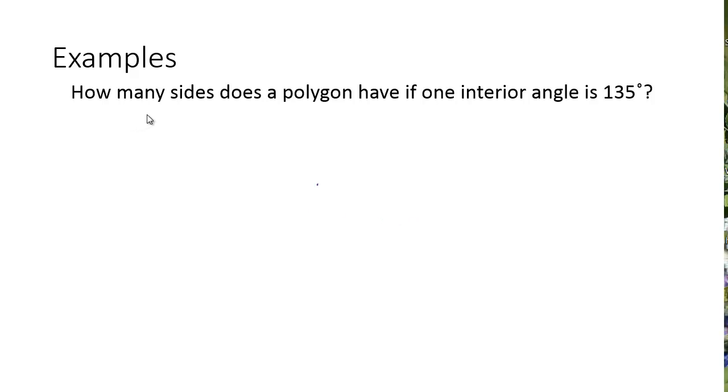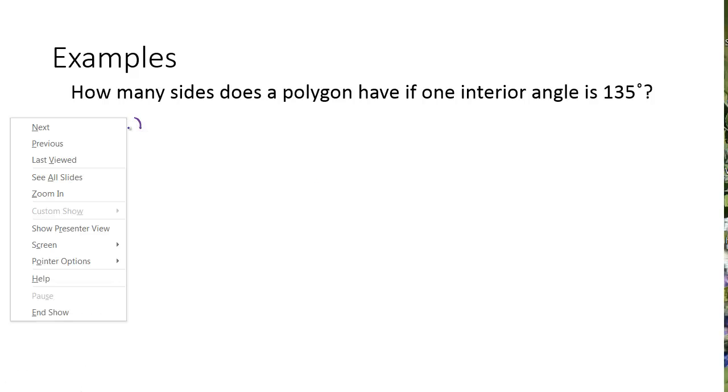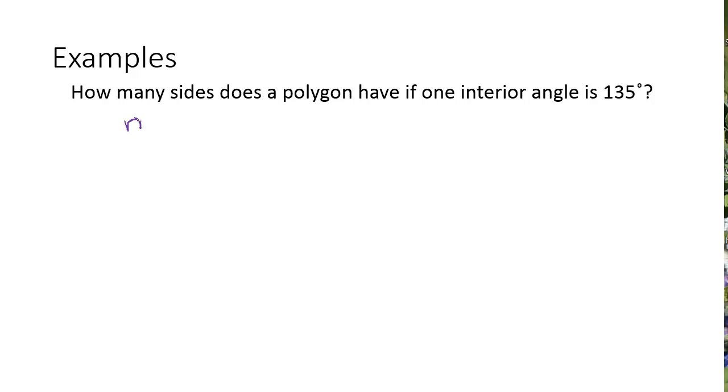So how many sides does a polygon have if one interior angle measures 135 degrees? That means that we have taken our number of sides minus 2, times 180, divided by the number of sides or angles that there are, and that is now equal to 135.